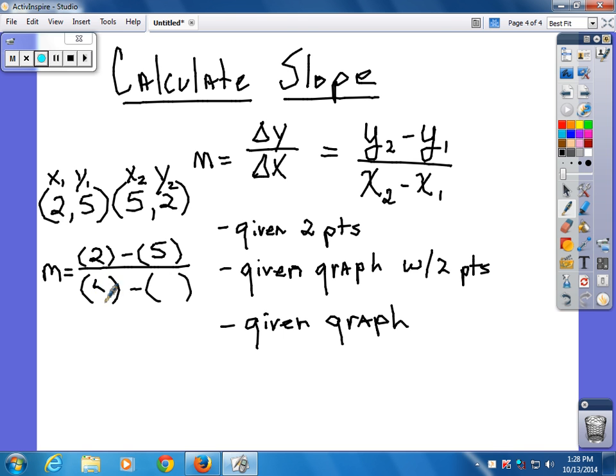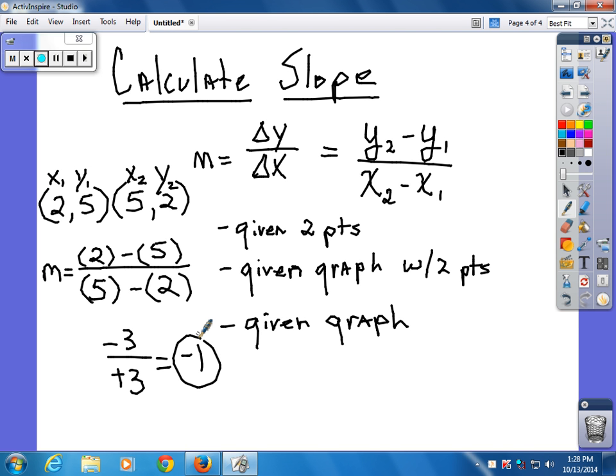Over 5 minus what? And what's 2 minus 5? And what's 5 minus 2? So your answer is -1. Your slope of that line that we saw a while ago was -1.